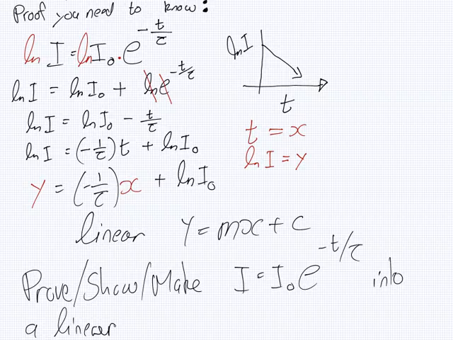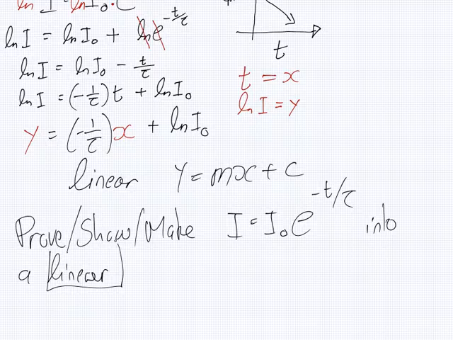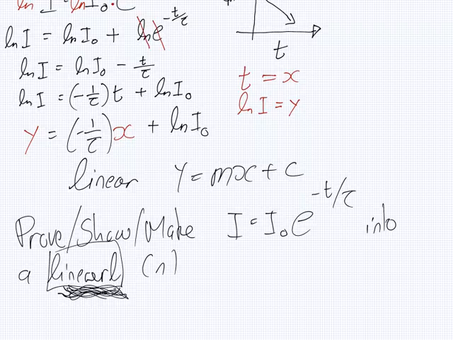Linear is the noun. What's the verb to make something linear? If I want to make a verb out of this noun, what would the verb be? Line it? I like it, but no. Straight?